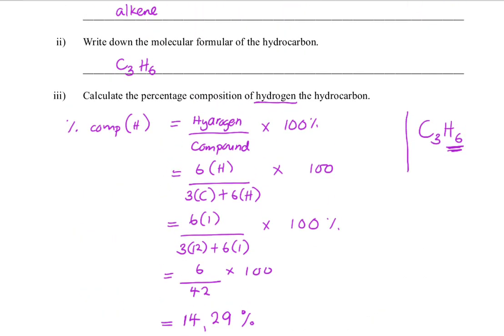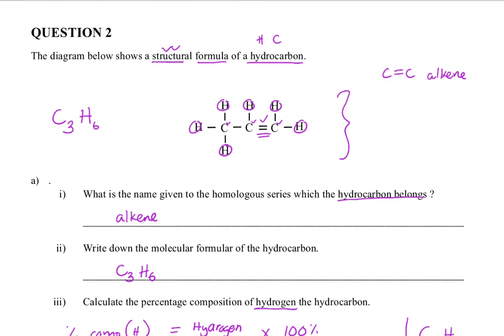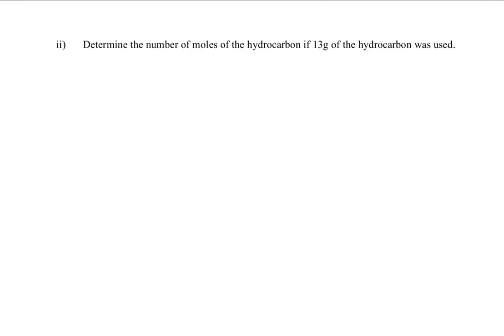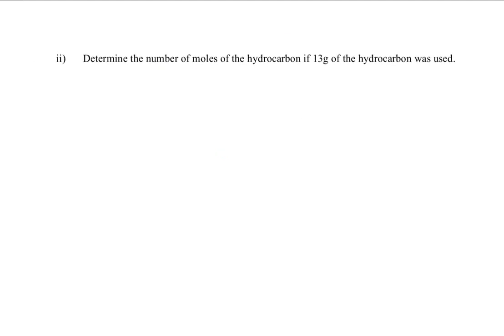And then we look at the next thing in our question, which is B2. Determine the number of moles of hydrocarbon if 13 grams of the hydrocarbon was used. So remember the hydrocarbon is C3H6. To determine the number of moles, we firstly find the data that has been given.